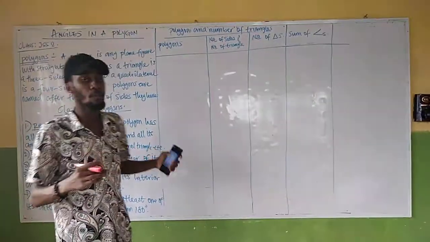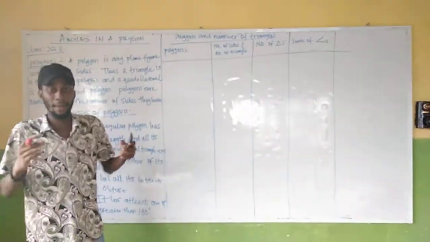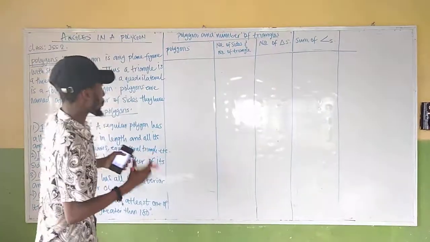So when 3 or more straight lines come together, or are bounded together, they form what we call a polygon.